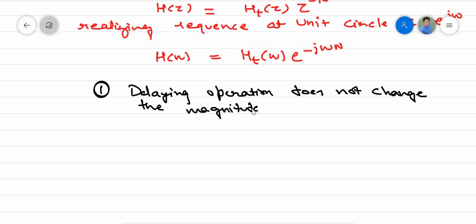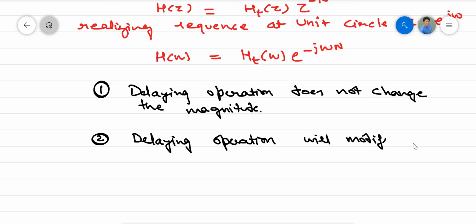That means if we delay a sequence, the magnitude portion will remain the same, but the delaying operation will modify the phase, as this exponential minus j omega N term is now involved. This exponential minus j omega N term will get added or subtracted, whatever the case, with the phase of H_t(omega) and lead to a change in the phase by this omega N.